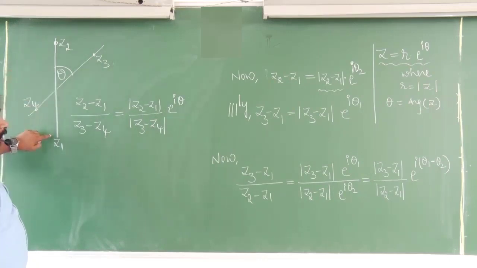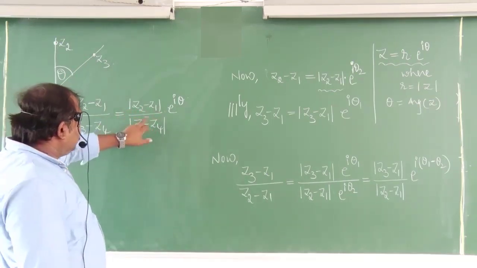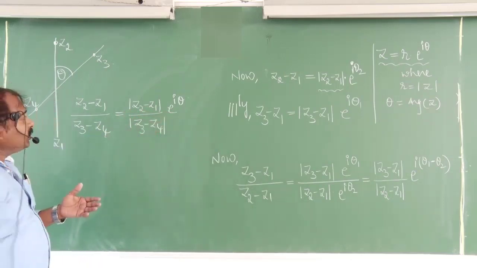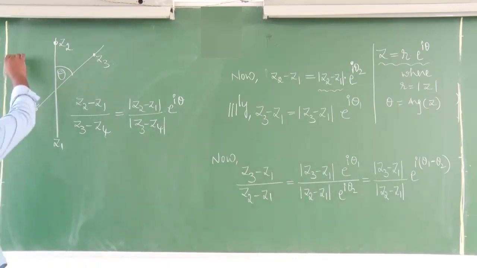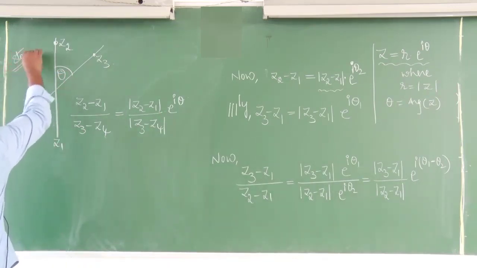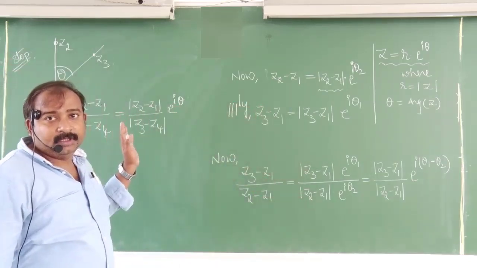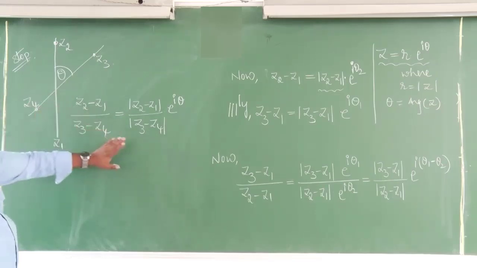Z2 minus Z1 by Z3 minus Z4 equals modulus of Z2 minus Z1 by modulus of Z3 minus Z4 into e power I theta, where theta is the angle between these two lines. This is the next step. Based on this only we derive that value. Derivation means simple logic; the same thing we applied. Instead of this point, I can take this point, then obviously this is the rotation theorem.